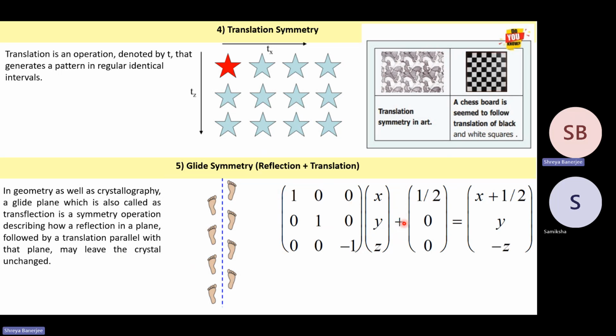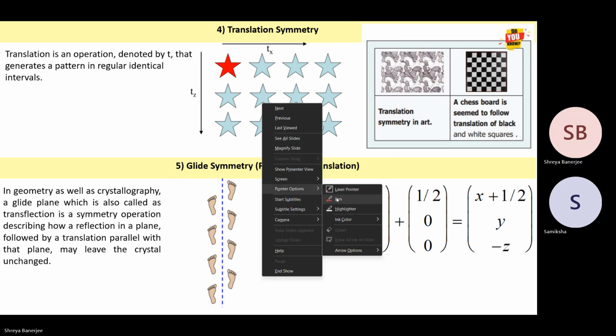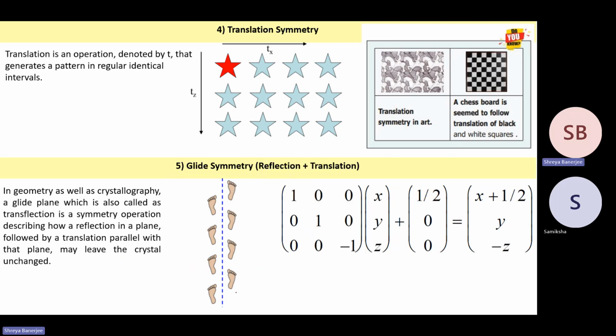And if you add, say, half, the distance moved in this direction, if we consider this direction as the x direction, the x coordinate is moving by half and the y and z coordinates are unchanged. So you are adding reflection plus translation to give you the glide symmetry.